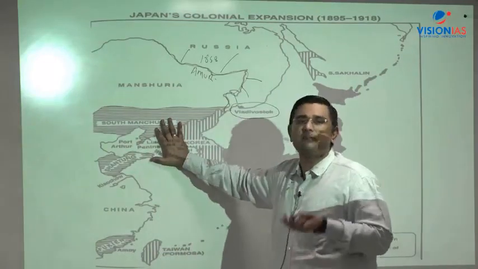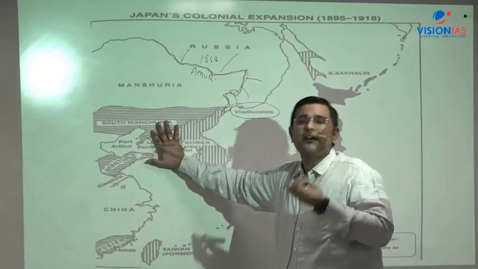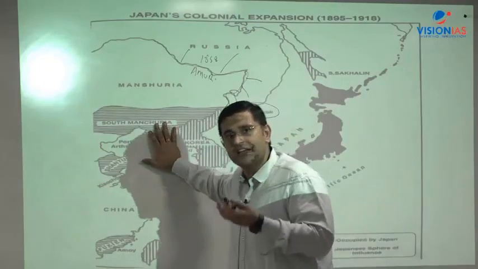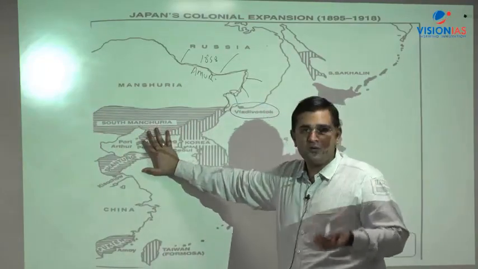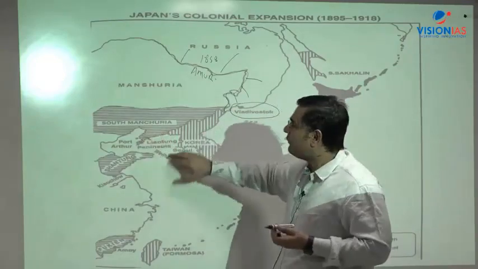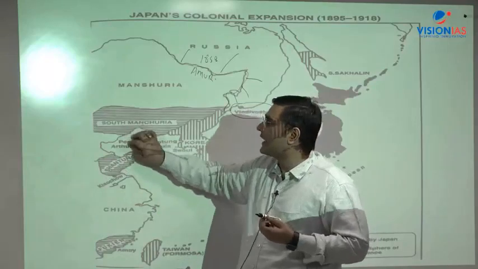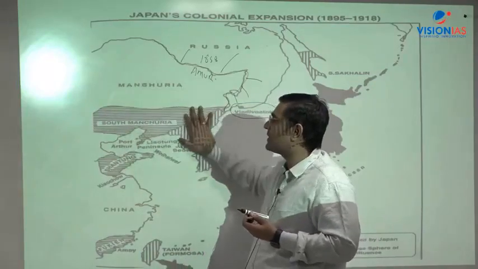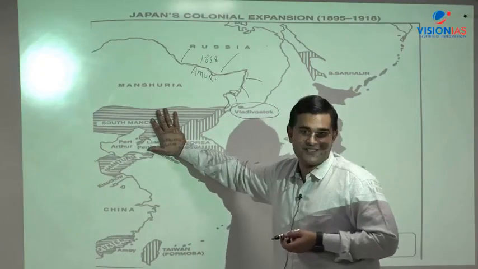Like we can say that Pakistan is a Chinese sphere of influence. Why? Because Chinese companies plus Chinese politics have a role in Pakistan. So Pakistan's foreign policy is also influenced by China. So therefore, by establishing a naval base in Port Arthur, the Russians are able to convert this Manchuria, especially South Manchuria, into their sphere of influence, and Manchuria is very coal rich.